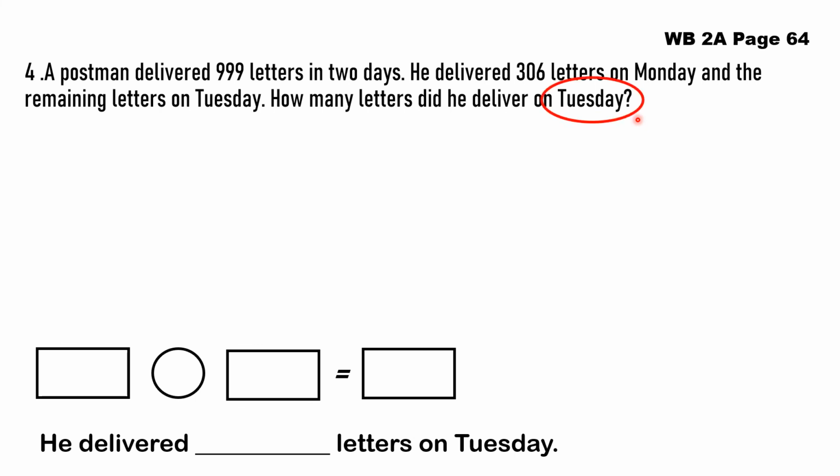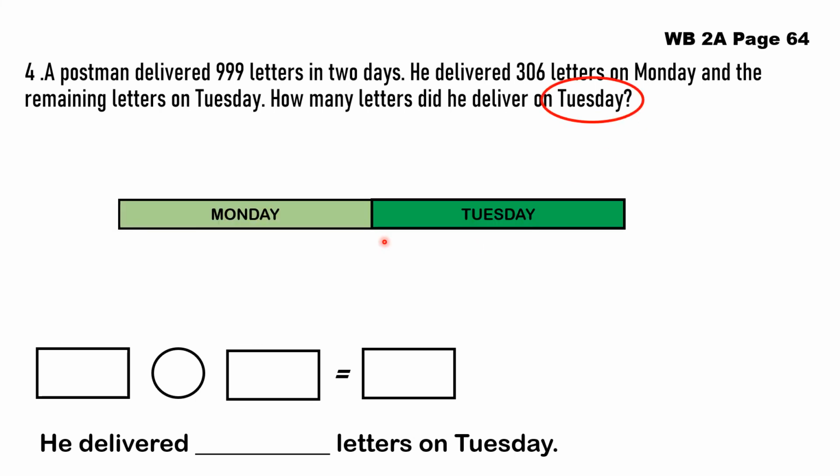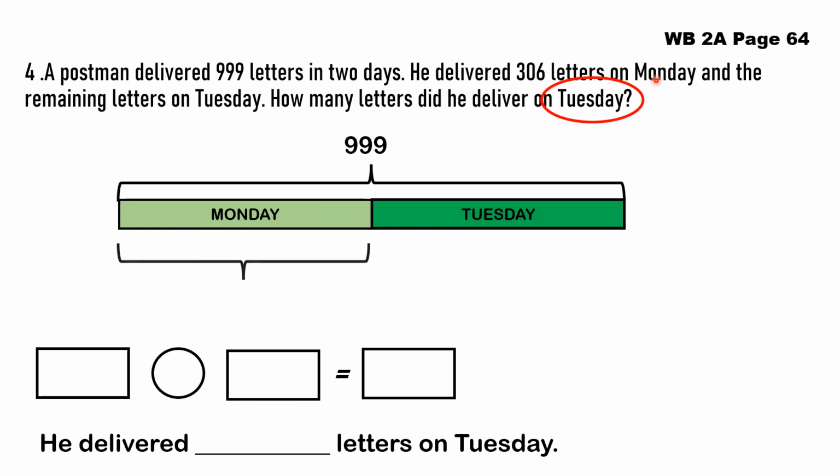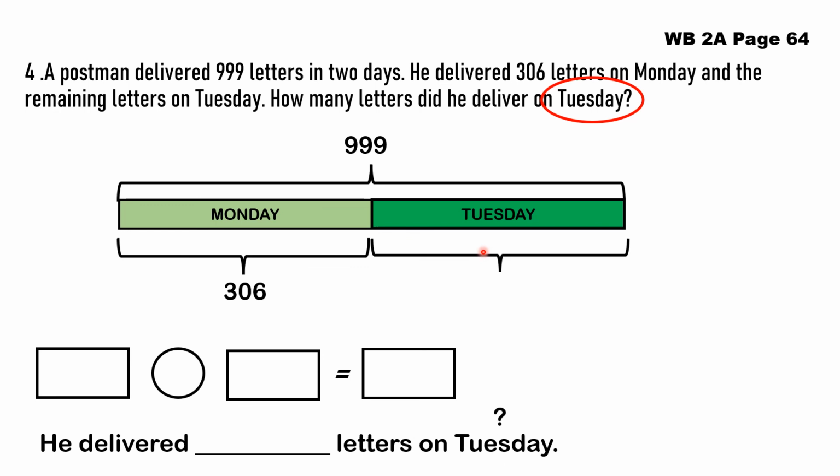So we have Monday and Tuesday, and the postman delivered 999 letters for these 2 days. And the postman delivered 306 letters on Monday. So we want to find how many letters he delivered on Tuesday.